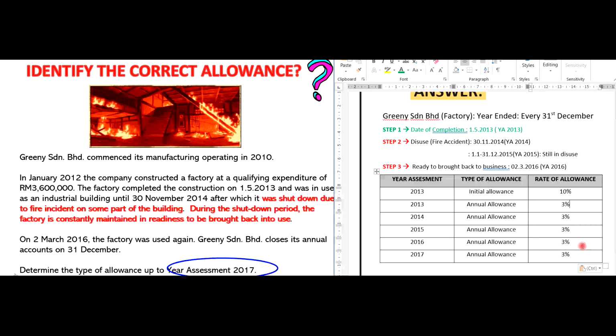I hope from this example you get a clearer view on how to differentiate initial allowance, annual allowance, and notional allowance.